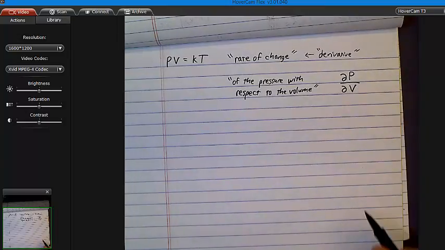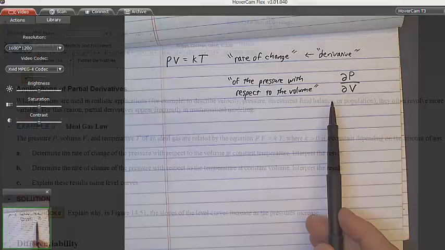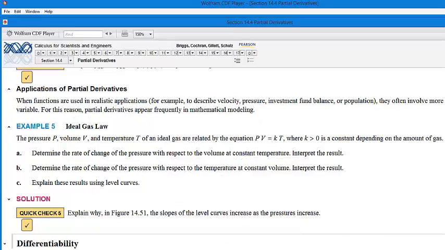Now, wait a minute. If this were Calc 1, these would have been regular d's. Why did I make them curly? Well, partly because I'm in Calc 3, and partly because it says constant temperature. So temperature here is going to be held constant. That's the thing that's the fixed plane, right?